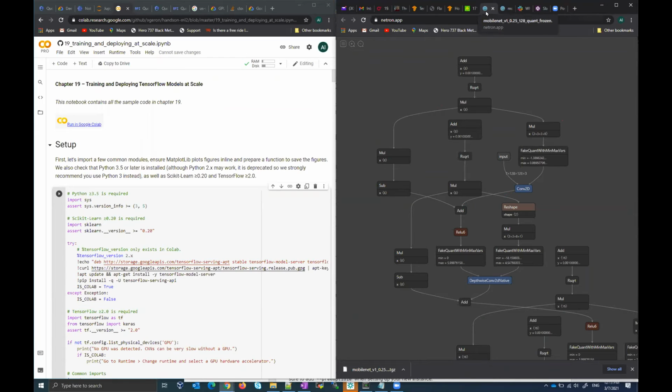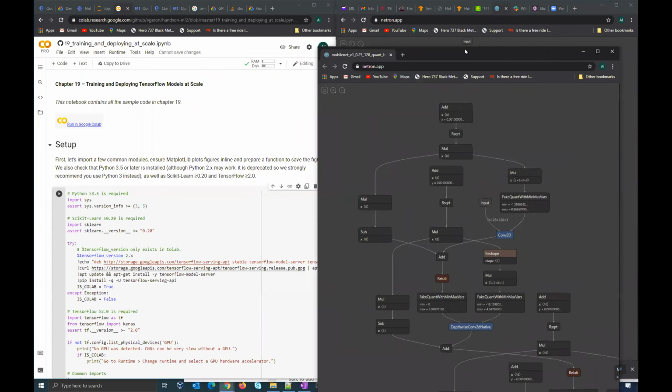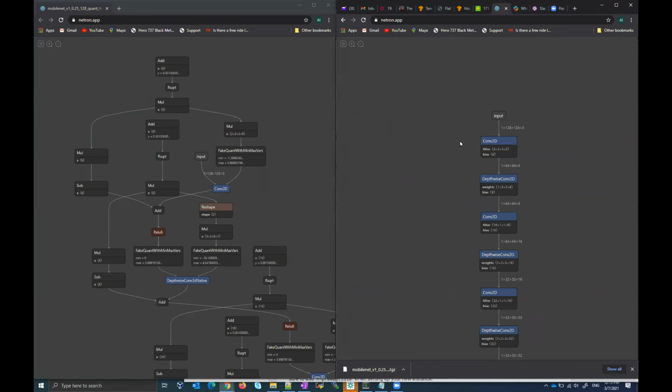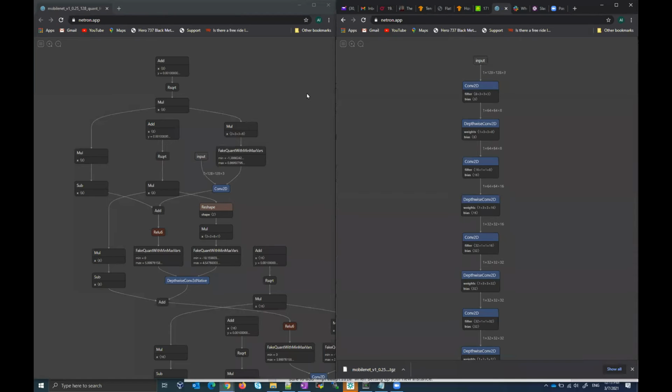Maybe we put it side by side. Yeah, let's see that. This is the overview of the Conv2D and the depth-wise Conv2D. If we can show the other way, because here we are seeing the element-wise addition and multiplication too.